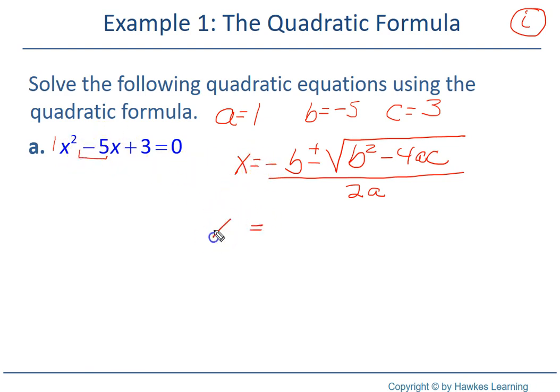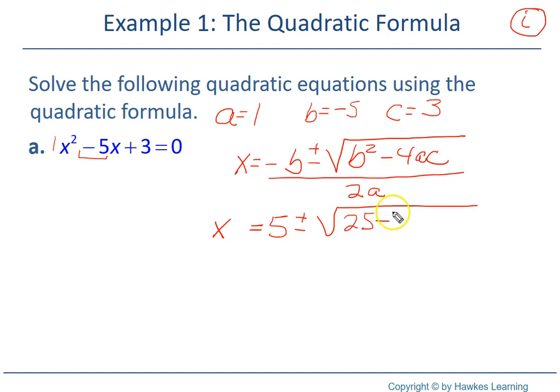So we start filling it in. X is there. Now a negative b. Well, b itself is negative 5. So if we take the opposite of a negative b, that gives us a positive 5. Plus or minus the square root. Now we're going to square a negative 5. Negative 5 times negative 5 is 25.